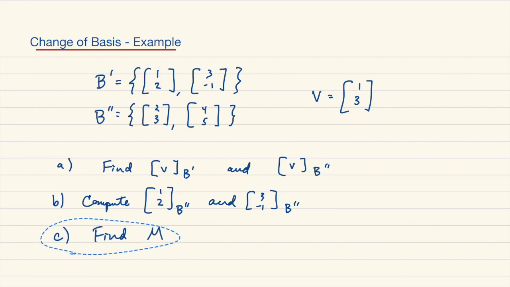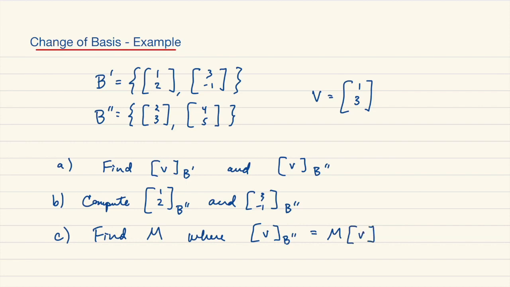And lastly, I want to find the matrix M, where I can take the vector v with respect to the basis B double prime and write this as M times the vector v with respect to the basis B prime. Okay, so that is what we're after.